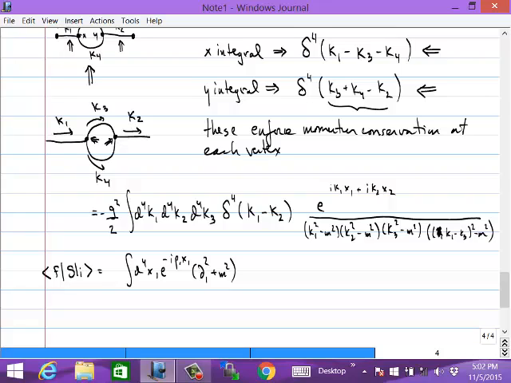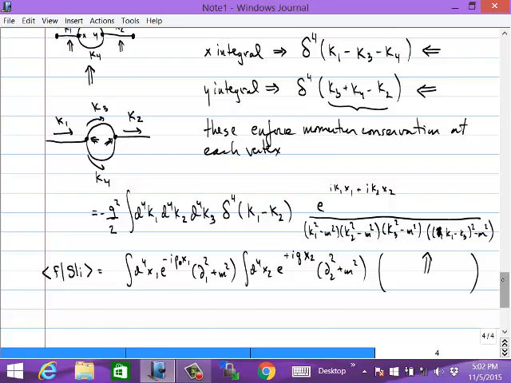So x1 was the initial position of the particle, and then we have an integral d^4x2 times e^(+i q x2) times (∂²/∂x2² + m²). And we have to act on it with this thing that we just wrote down up above.